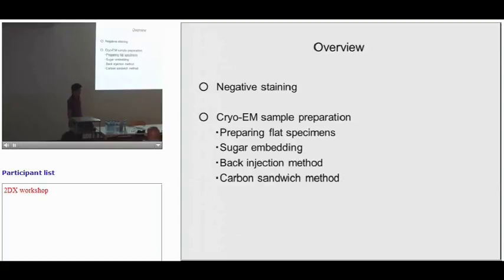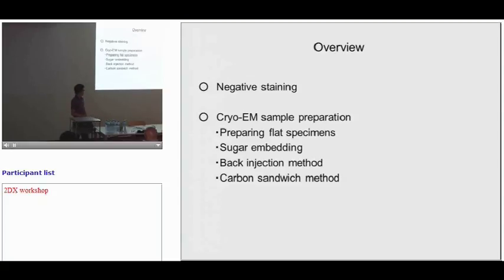This is an overview of my talk. There are two important methods for sample preparation techniques in electron crystallography. One is negative staining, which is basic and very established, something you know very well. Most of you are familiar with it.